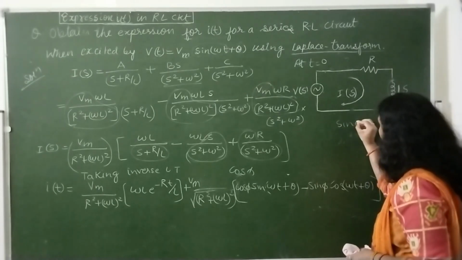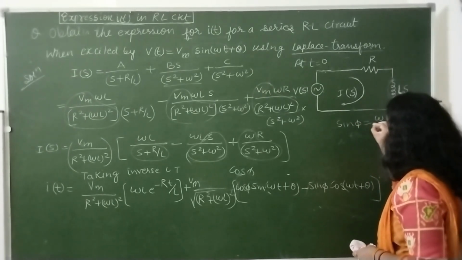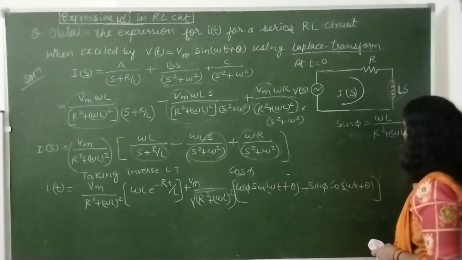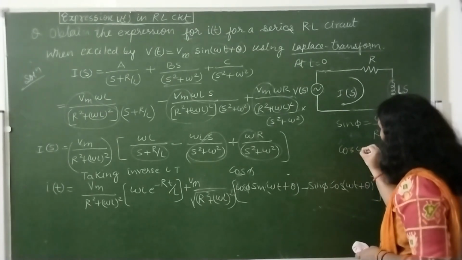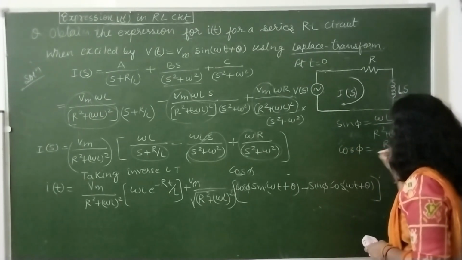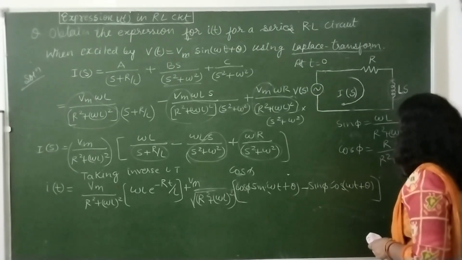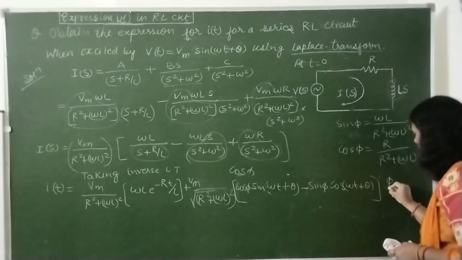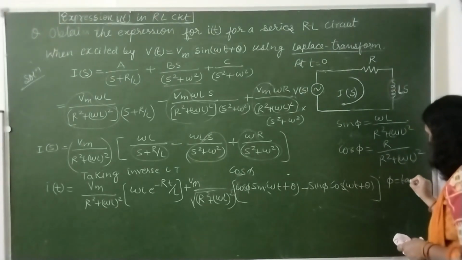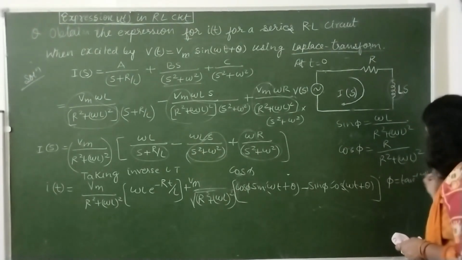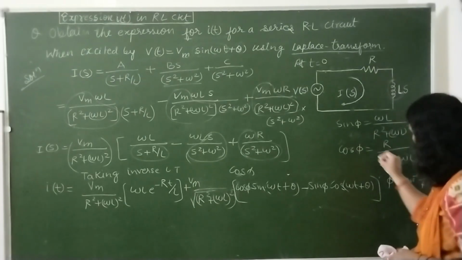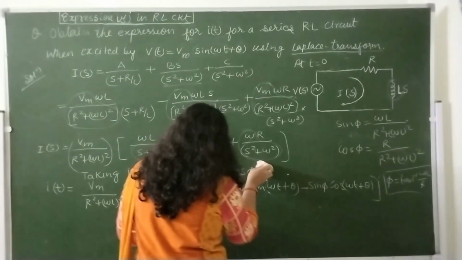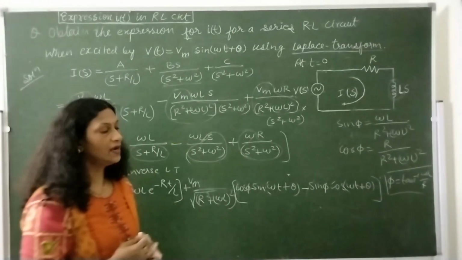Sine phi is equal to omega L divided by the square root of R square plus omega L whole square, and cosine phi is R divided by the square root of R square plus omega L whole square, or you can say here phi is tan inverse omega L by R. Okay, so this is the angle that we got here by adjustment.